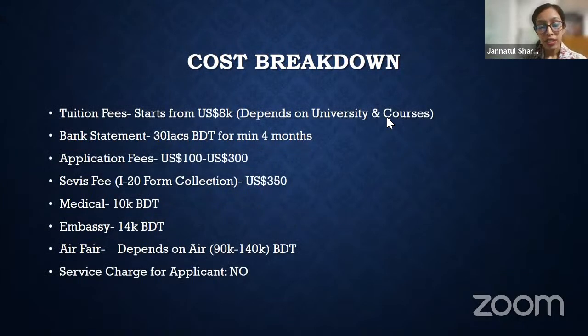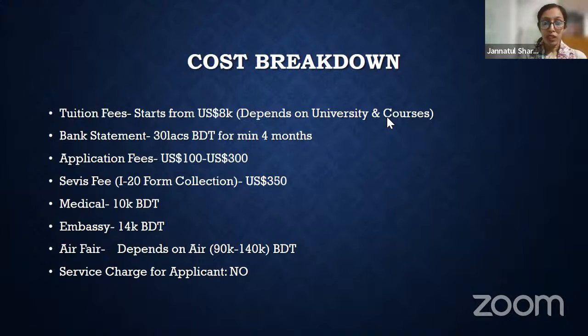So here you can see the cost breakdown for USA. Tuition fees depend on university to university and course to course, and the tuition fee starts from $8,000. So this is the minimum tuition fees starting range. And after that, you need to have a bank statement for 30 lakhs Bangladeshi taka for a minimum of 4 months.